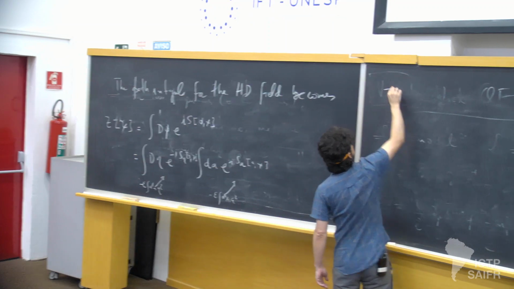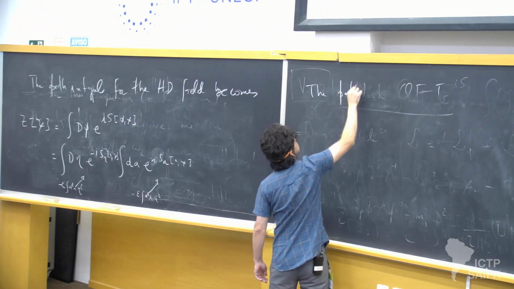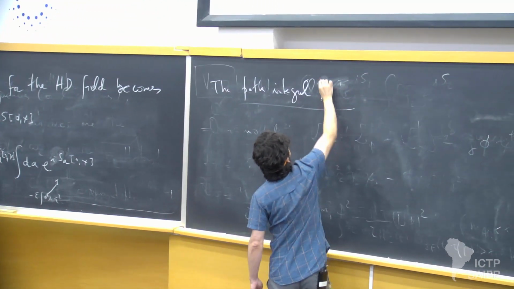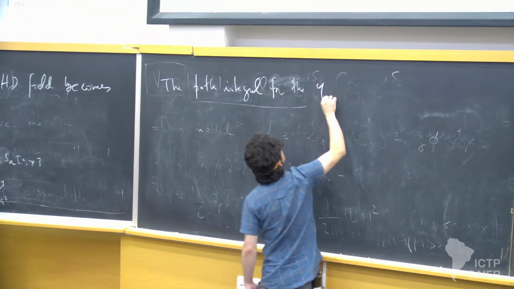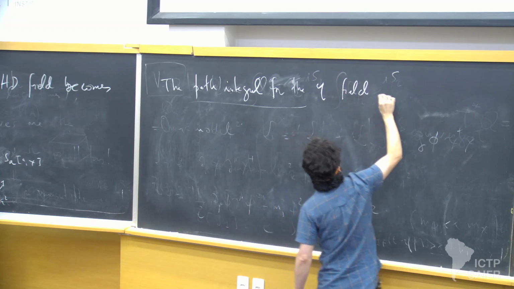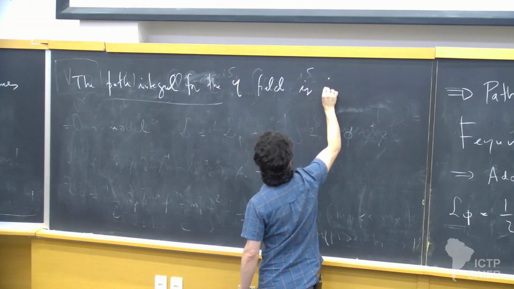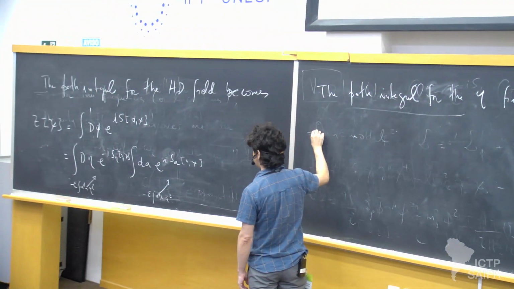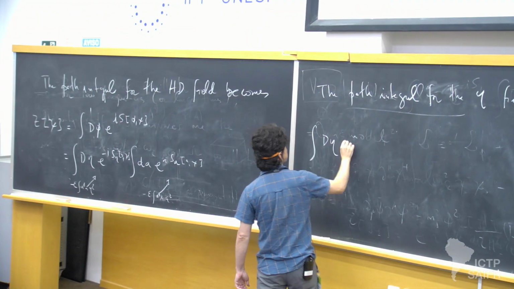So the path integral for the eta field reads, so this guy here, right?